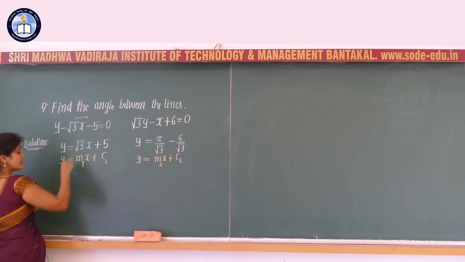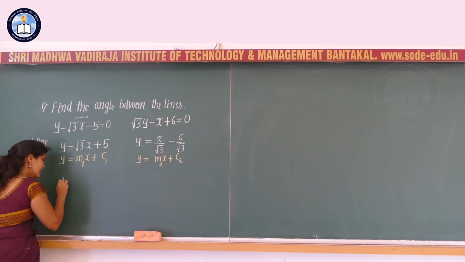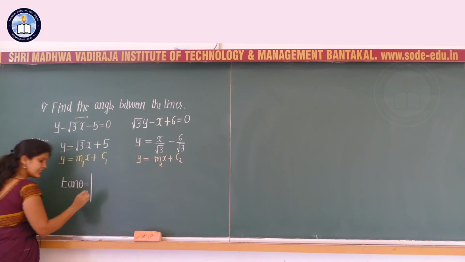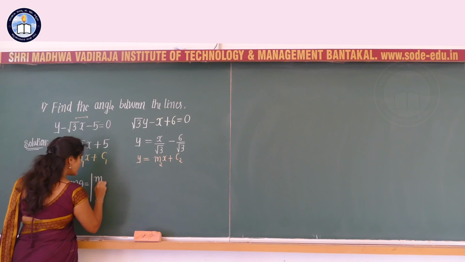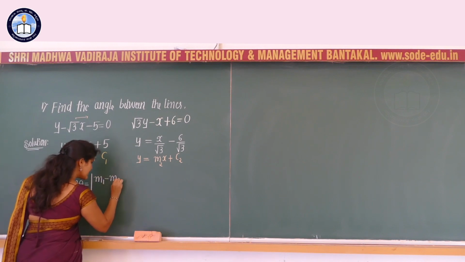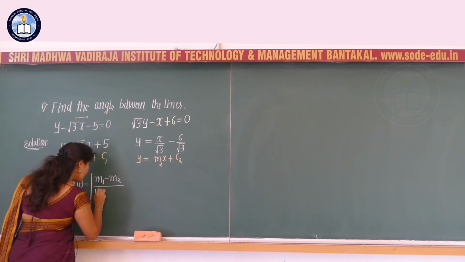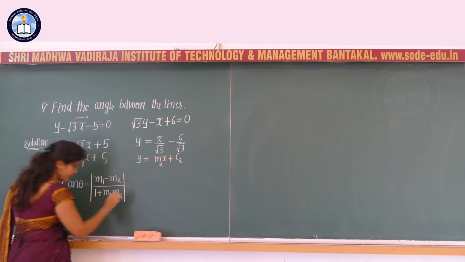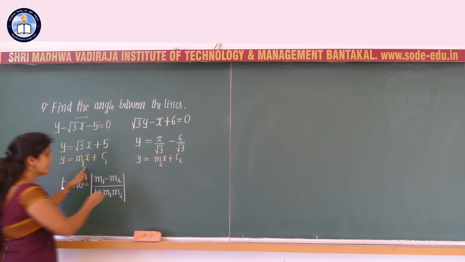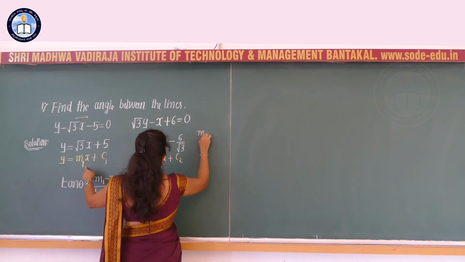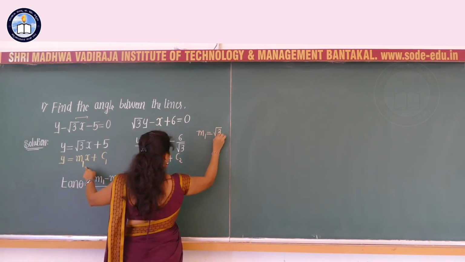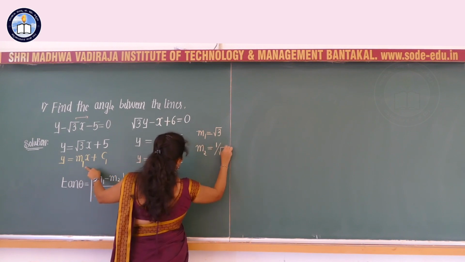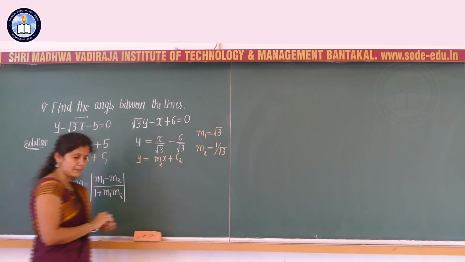So we need to find out the angle between two lines, that is tan theta is given by the formula. I will write the formula. Tan theta is equal to absolute value of m1 minus m2 divided by 1 plus m1 into m2, correct? And here m1 is root of 3, and the value of m2 is equal to 1 divided by root 3.